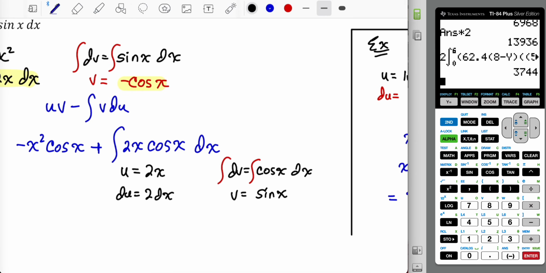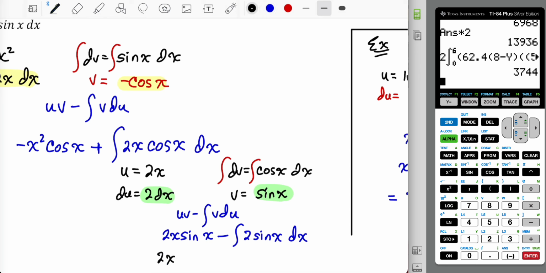So again, uv minus the integral of v du. So 2x sine x minus the integral of 2 sine x dx. All right, so that's 2x sine x.